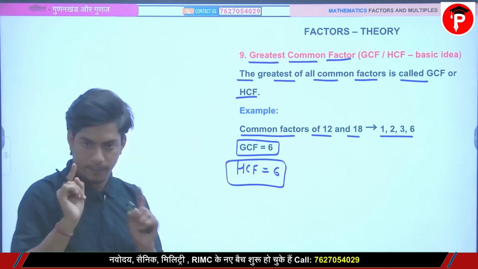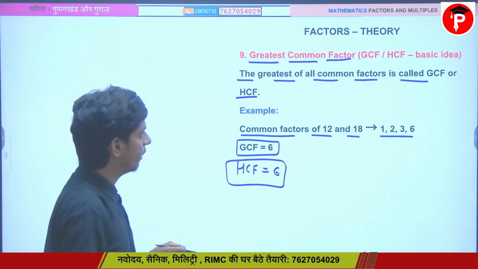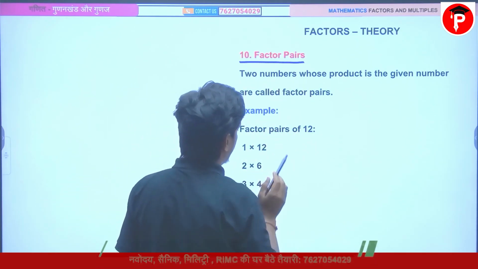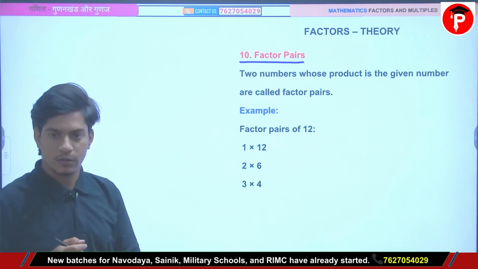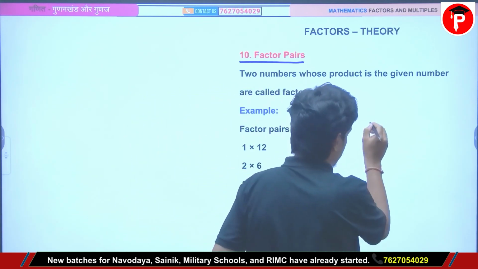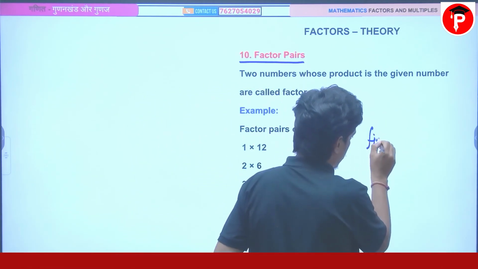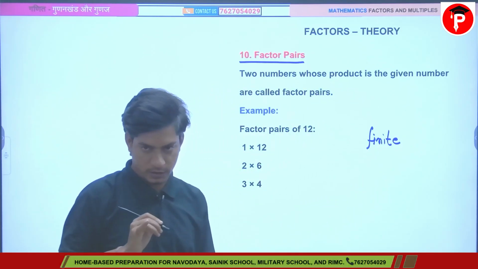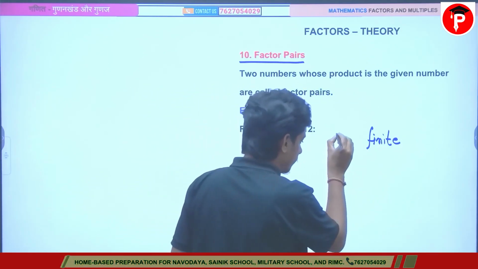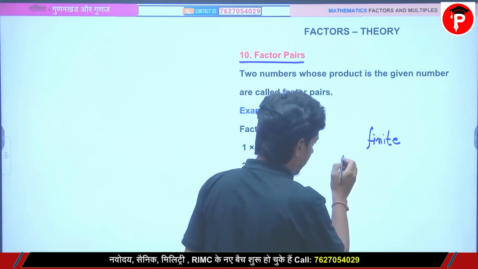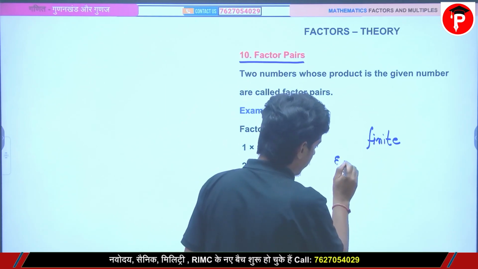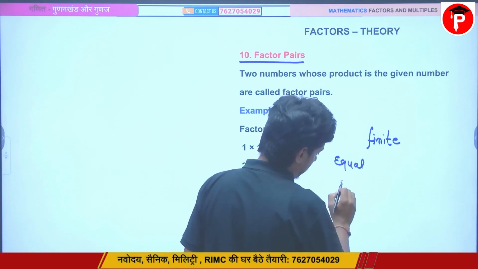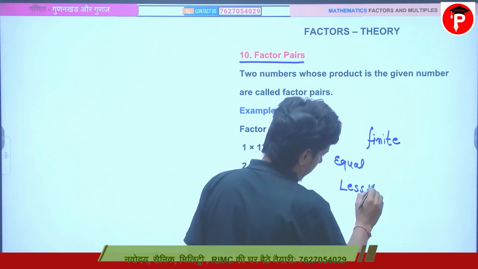Now one more important point before moving to factor pairs: the number of factors is finite. The number of factors of any number may be equal to or less than that given number.